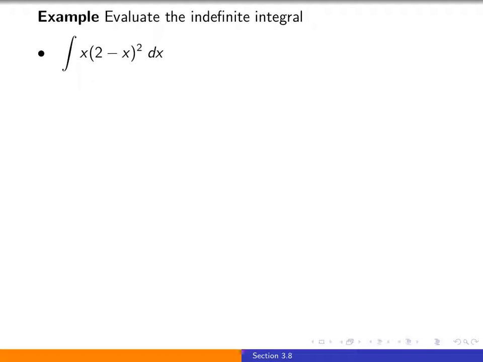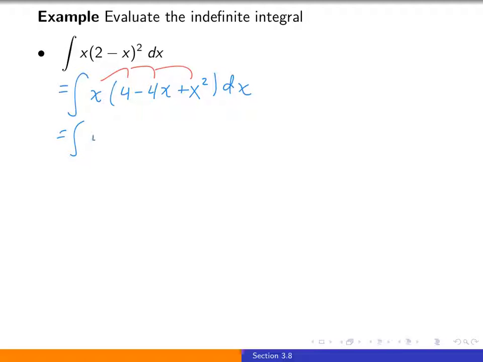And here, the simplest algebraic manipulation is to just take that integrand and first expand out the 2 minus x quantity squared. So that will be 4 minus 4x plus x squared, and then go ahead and take the x, which is out front, and distribute it into each term.